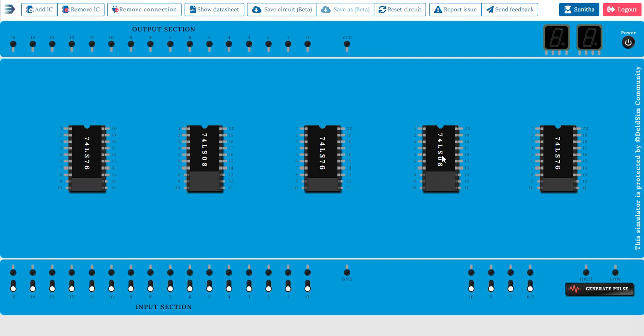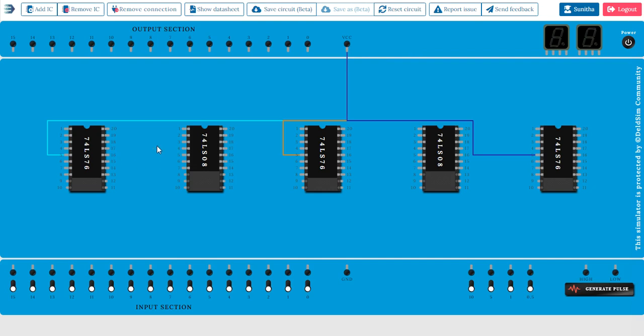In case of 7408, the 14th pin is your VCC and the 7th pin will be ground. Now I'll connect all the VCC and ground connectivity with respect to all the ICs. So the first IC is 7476. Here the 5th pin is VCC, and in the third IC base, once again I am using 7476, so the 5th pin is VCC, and for the 5th IC base also we have the 5th pin as VCC.